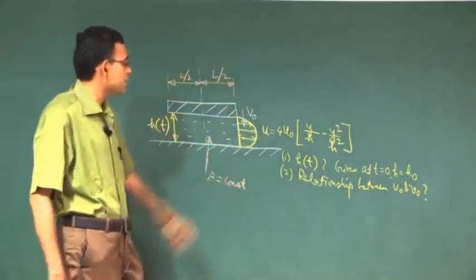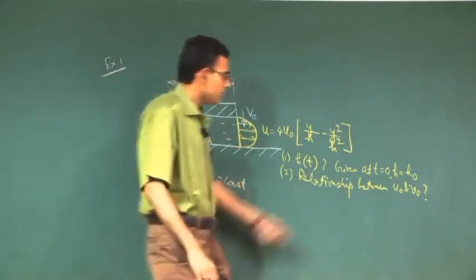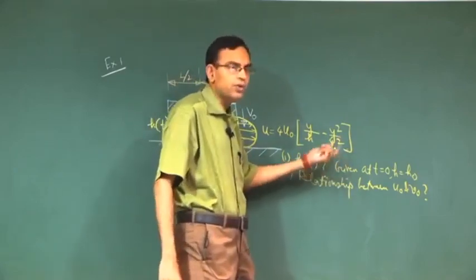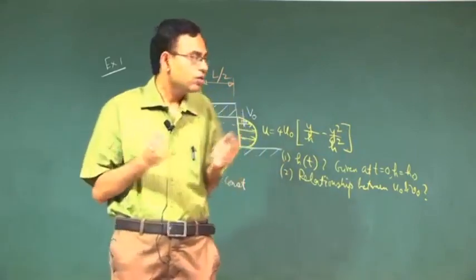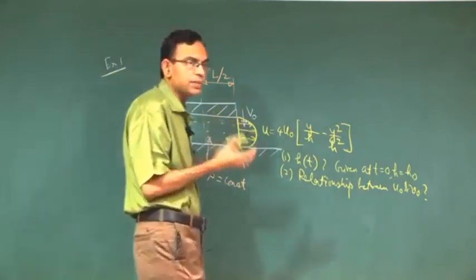This velocity v0 is uniform. So in this way this problem could be formed with several parameters known, several parameters unknown. The question is, what is the basic principle that we apply?